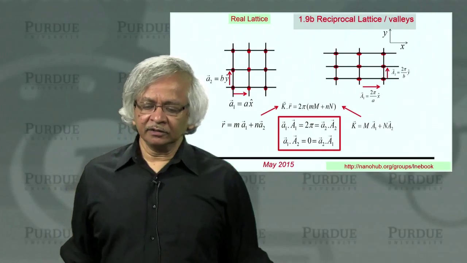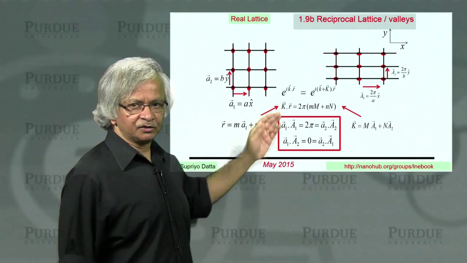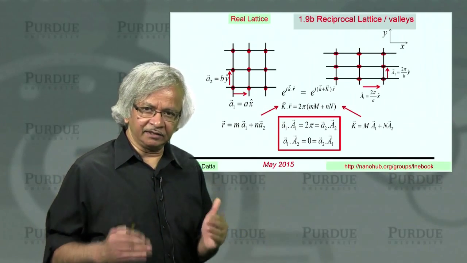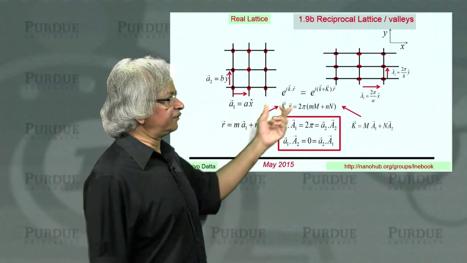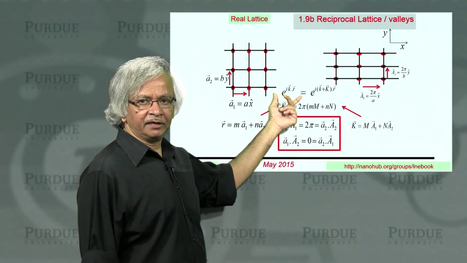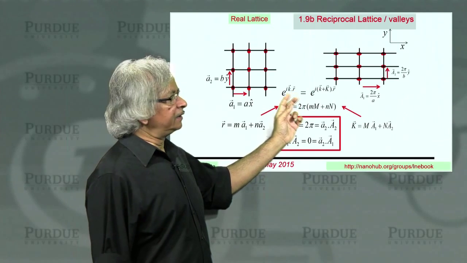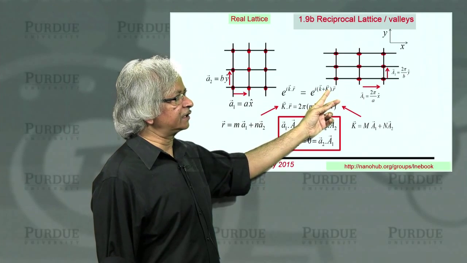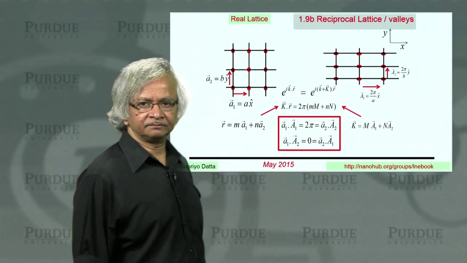Why is that important? Well, what it means is, when I write down a wave function, as you know, when we're obtaining the dispersion relations, we said that in a periodic solid, you can write wave functions in the form of plane waves, e to the power i k dot r. And the point is that if I add a reciprocal lattice vector capital K to that k, it makes no difference, it's the same function.